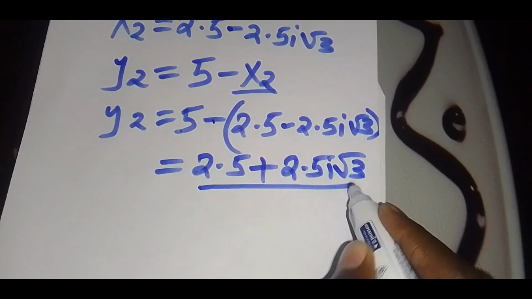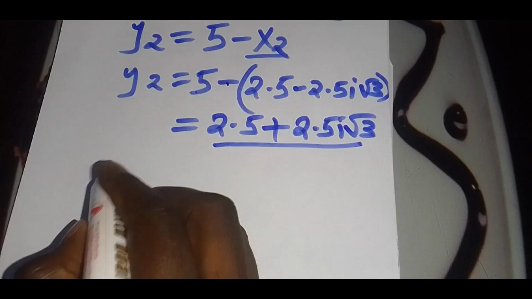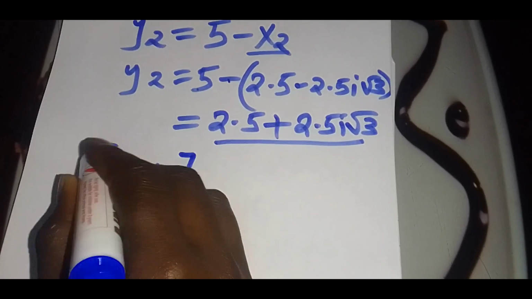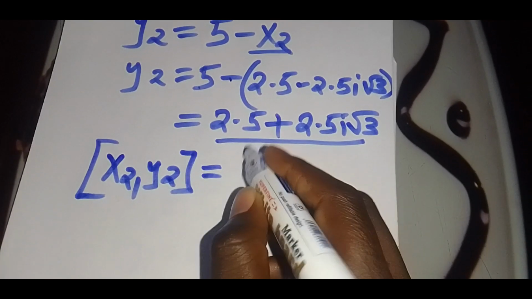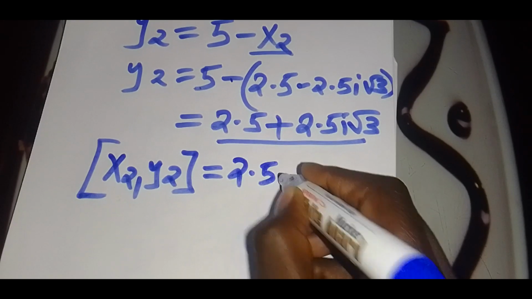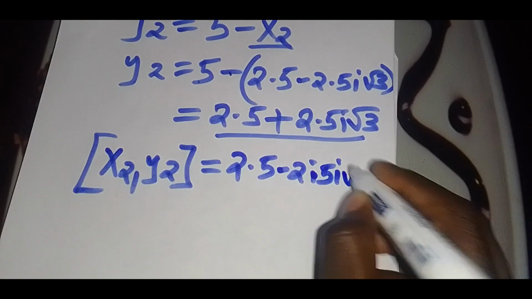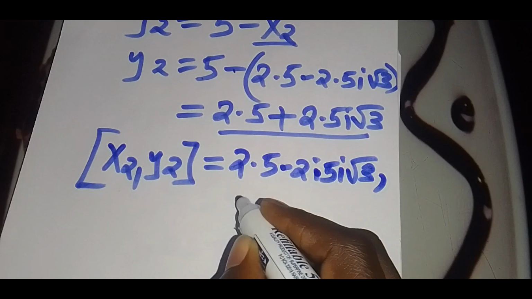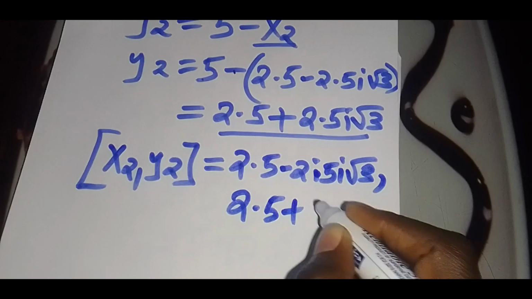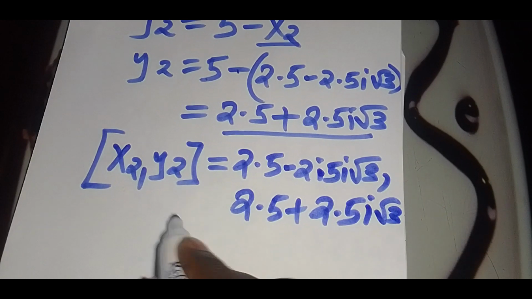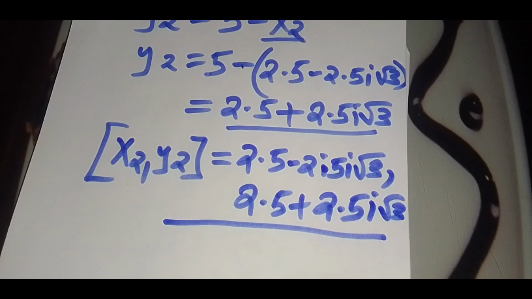This is the value of y2. So x2, y2 is given as 2.5 minus 2.5i square root of 3, and then 2.5 plus 2.5i square root of 3. And this is the solution to our equation.